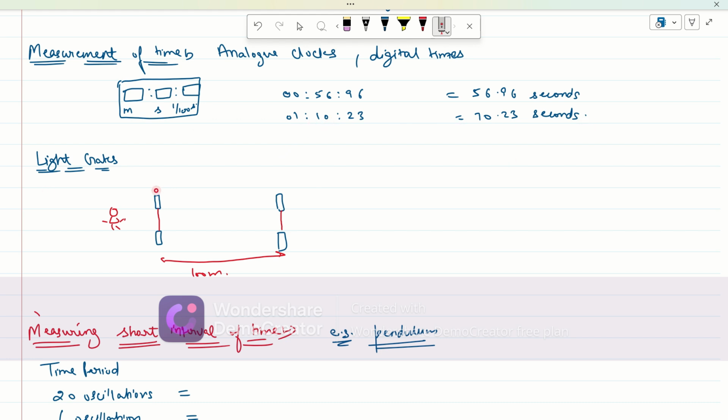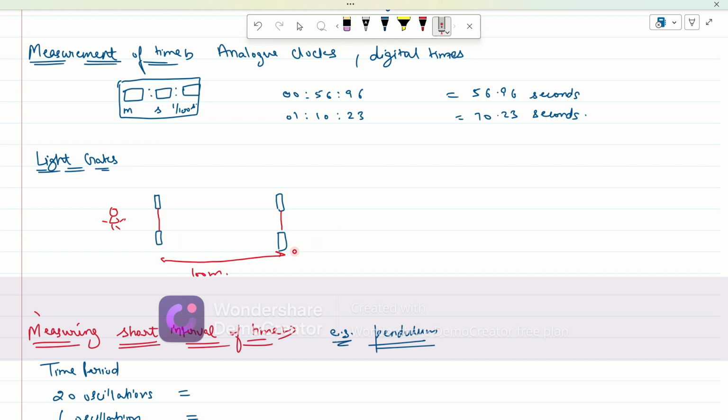Another technique: if you have to measure the time taken by an athlete, let's say he is running a 100-meter race. Now, if you measure using a timer, there is some reaction time also, so that measurement will not be accurate. To measure the time accurately, what can we use? We can use light gates.